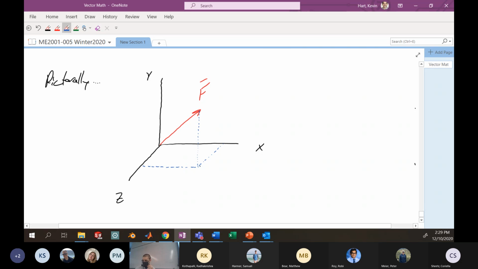Okay, let's say that that's approximately where F lies. And let's say that we know the angle between that force and all of the axes. The angle between that force and the y-axis, as we showed before, is theta y. The angle between this and the z-axis is theta z, and the angle between this force and the x-axis is theta x.